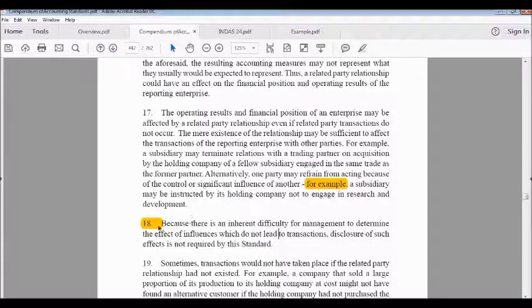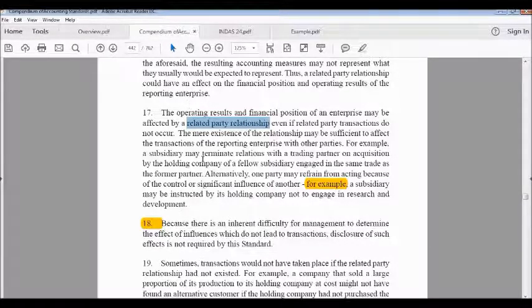So paragraph number 18 says that because there is an inherent difficulty for management to determine the effect of influence which does not lead to transaction, disclosure of such effect is not required by this standard. This is a clarificatory wording, but this paragraph is not mentioned under Ind AS 24. So in those cases where there can be an effect on the financial or operating result of an enterprise influenced by the related party relationship, this will also need to be disclosed under Ind AS 24.